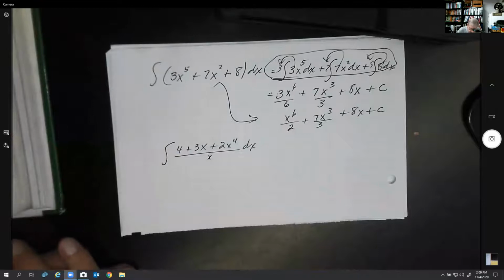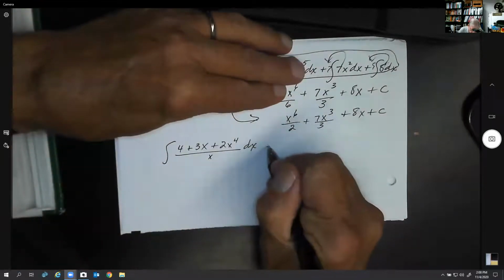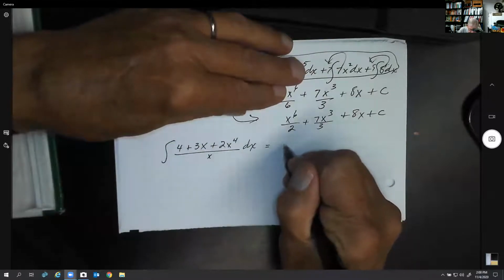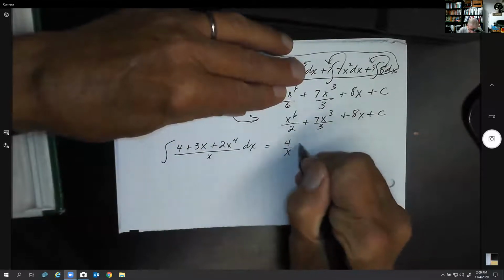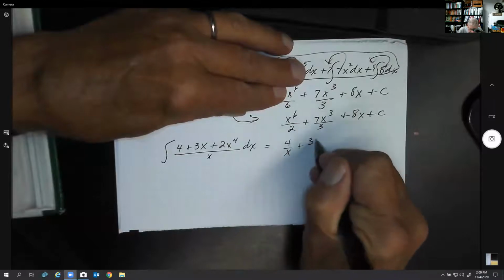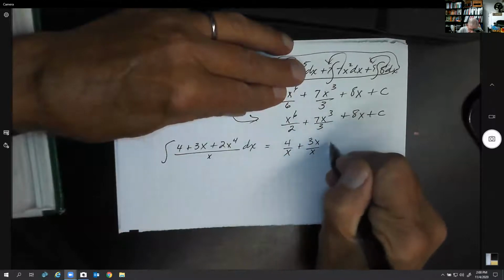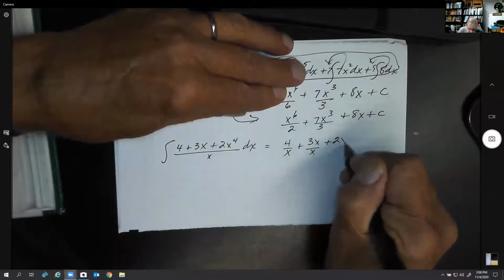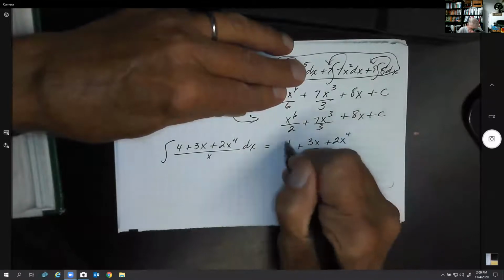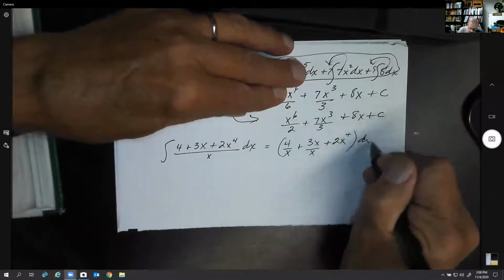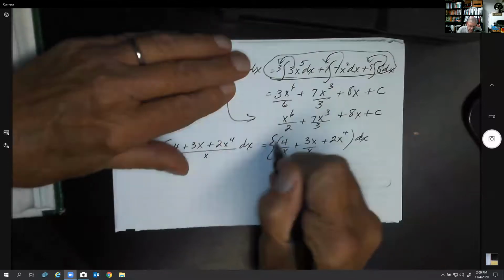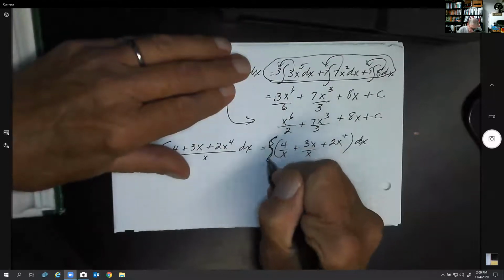And you could do it that way, but I think the easier way would be to put each one of these terms over x, and then simplify them if you can. I'm going to put parentheses here, dx.